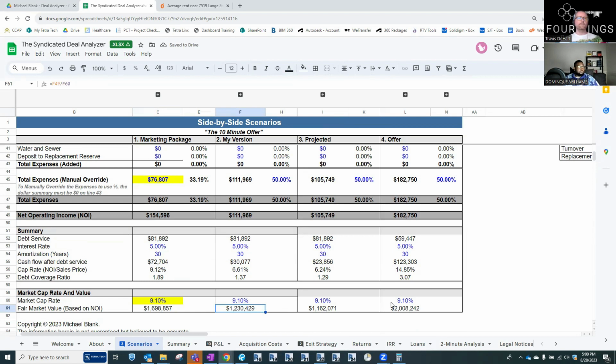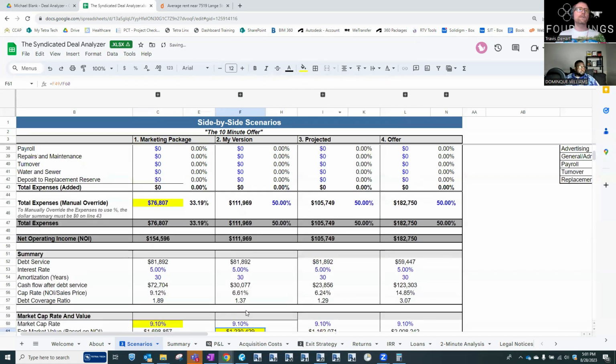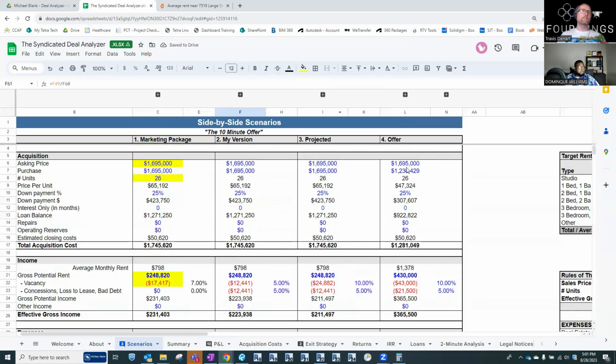In a future session, we'll go over the cap rates also. But for this one, this right here was really what we were looking for: this is what they're asking, but this right here is really what our offer price should be, around this area. So then we took that number and plugged it into the purchase category.